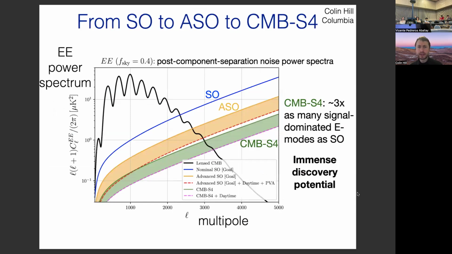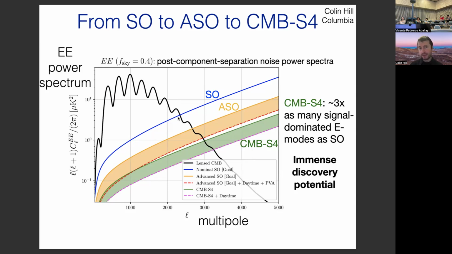So just to summarize in one plot here, the outlook with just the E-mode polarization power spectrum, which is going to become the workhorse for looking for new physics in the primary CMB. This is the lambda CDM signal of the E-mode power spectrum in black, and then the noise power spectrum for those different experiments that I just told you about, where the bands here capture the range of uncertainty for Advanced SO and then CMB-S4.